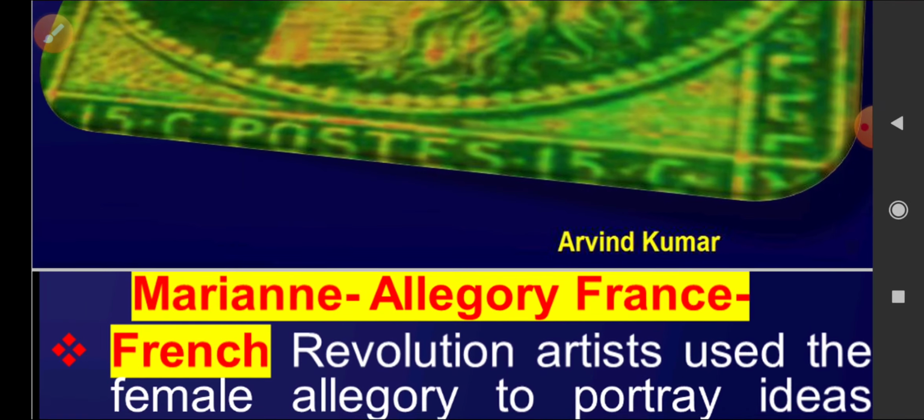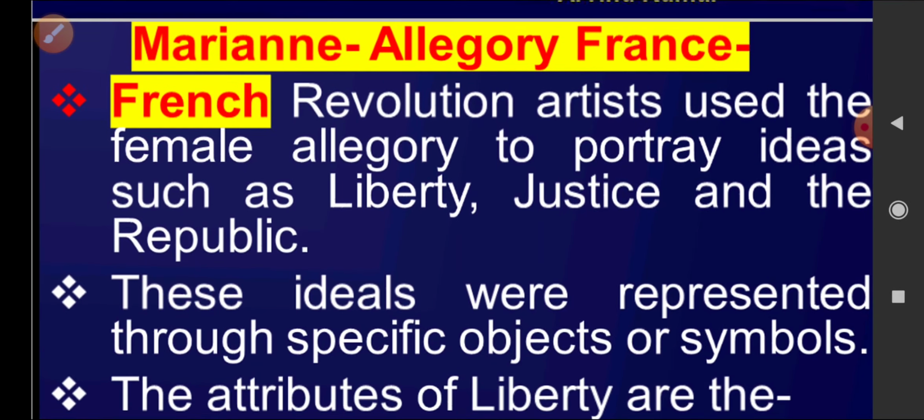Here this allegory is shown. Marianne is a French allegory representing the nation. As I told you, just as we have adopted Bharat Mata as our allegory, the French people also adopted Marianne, and the German people adopted Germania.